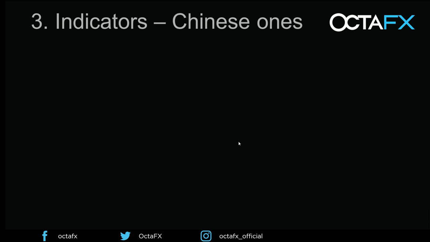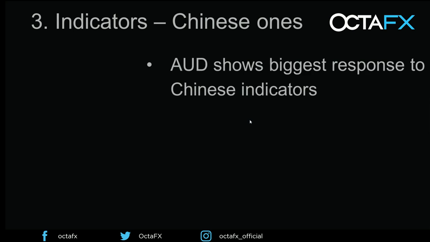Okay, let's move to another topic, to the indicators that move the Australian dollar. When you're trading the news on the Aussie dollar, you should look also at Chinese indicators, because again, the correlations, despite some of them fading with metals, they're still strong. We still have correlation between the Australian dollar and Chinese events.